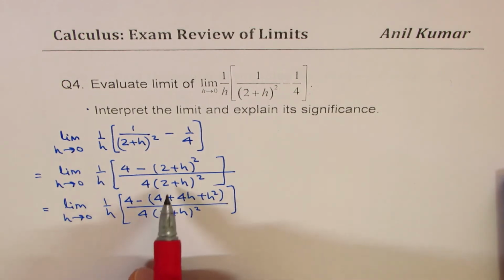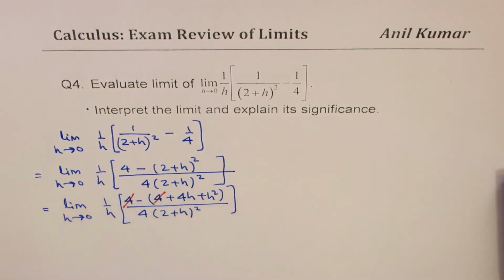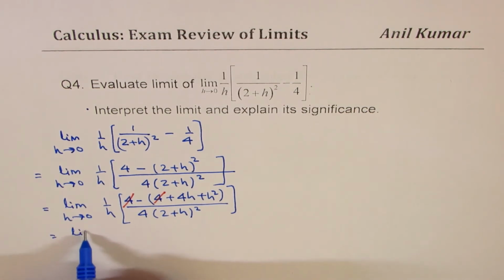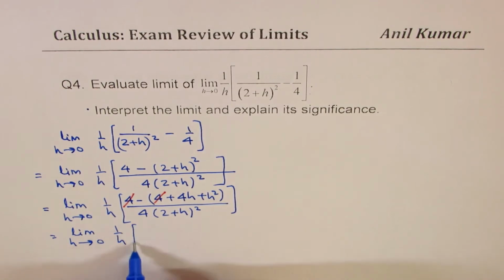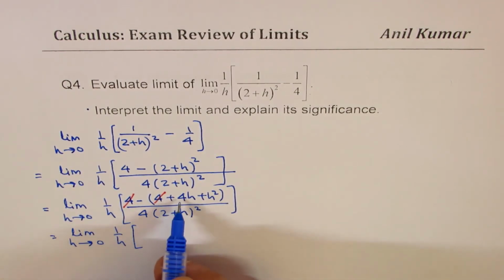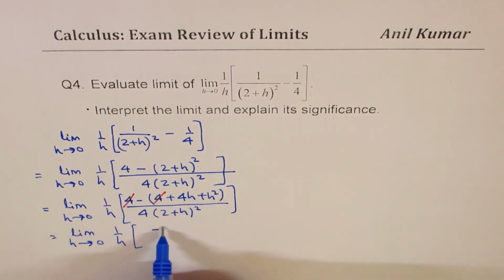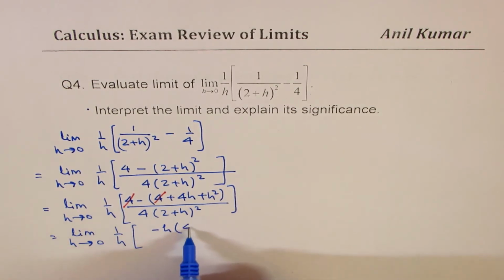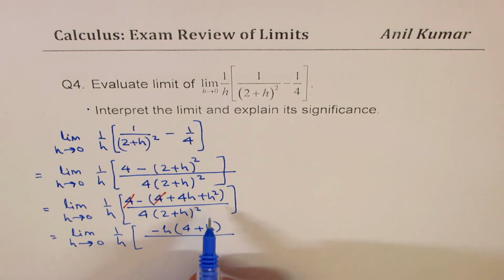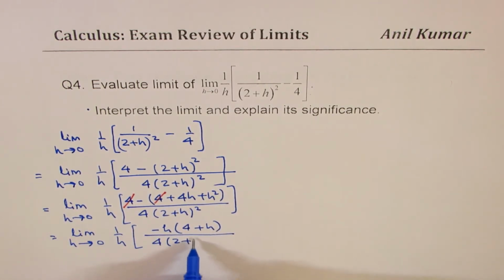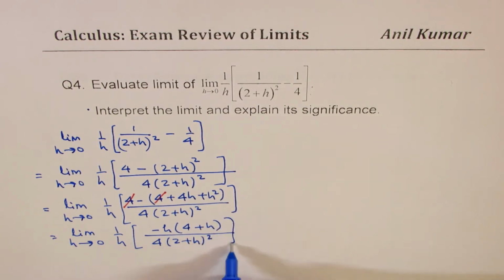Do not expand the denominator. Now 4 and 4 will cancel. We'll open the bracket and then we'll see if h could be taken as a common factor, correct? So we have minus 4h plus h squared, so I could take minus h common and I get 4 plus h in my bracket. And here we have 4 times (2 plus h) whole squared.